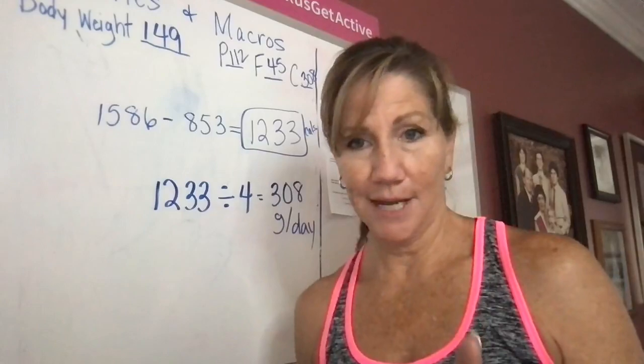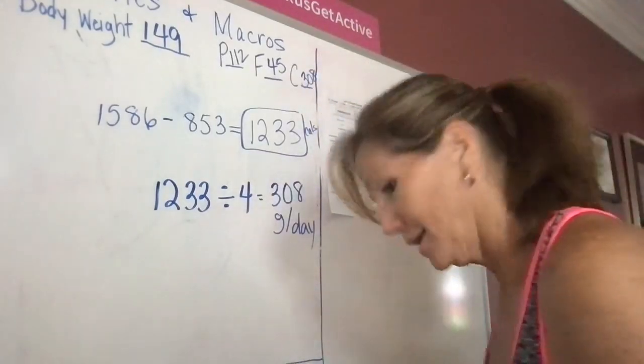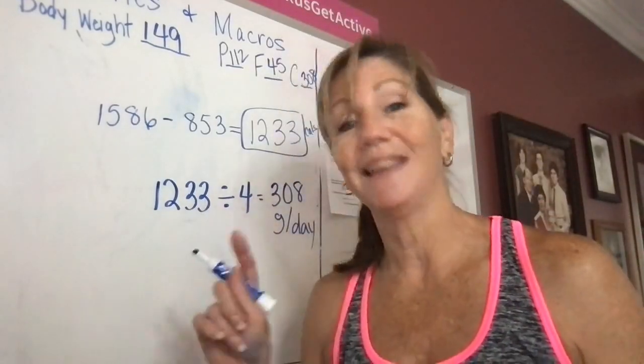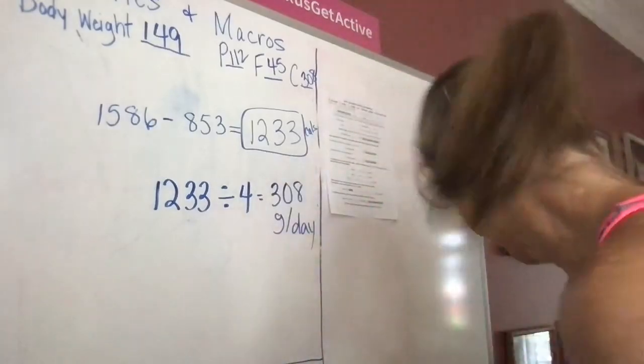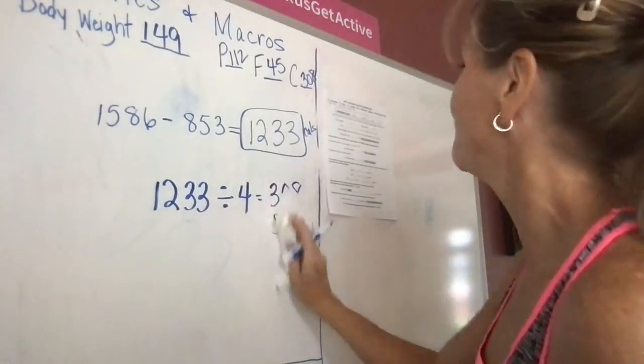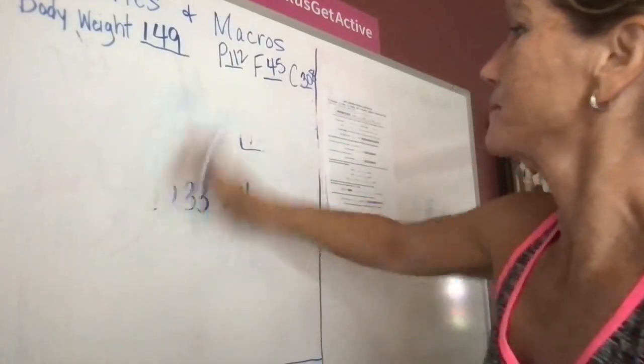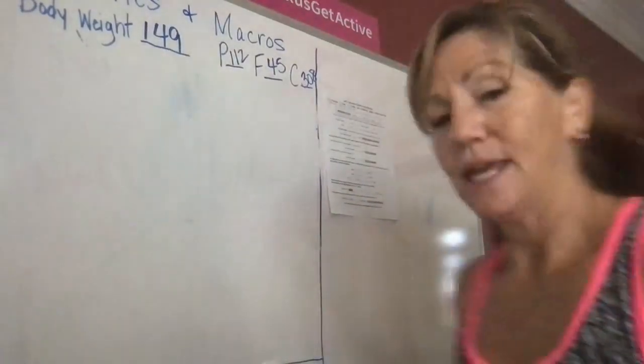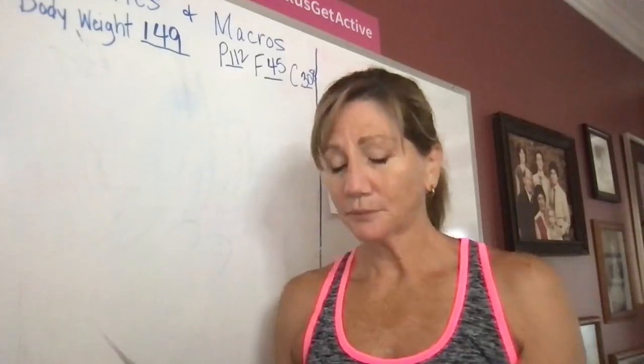All right, the last one I'm going to do for you is calories of carbs in alcohol. So notice I didn't say you have to give it up. Alcohol is a little bit different.